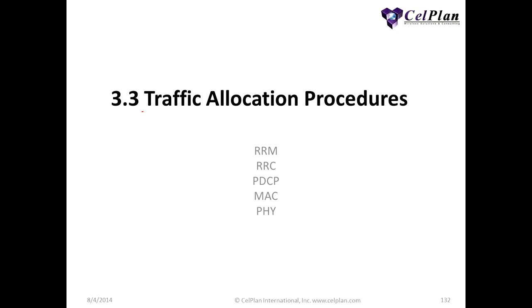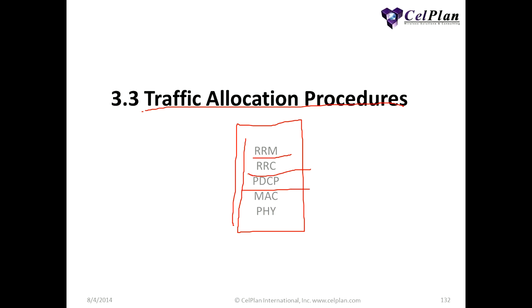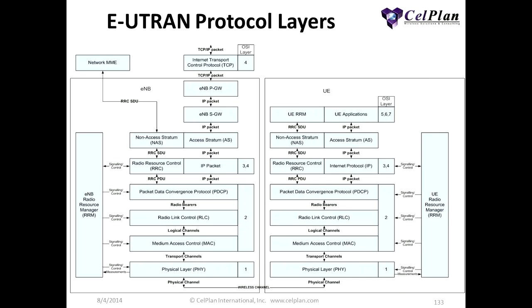So let's go now, we have all the basics. Well, this is the last basic part that we need to know to understand the traffic allocation procedures. You probably heard about, we certainly heard about those names: radio resource management, radio resource controller, PDCP, MAC, and PHY.